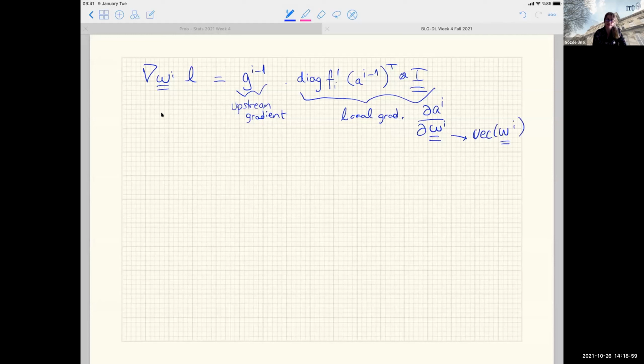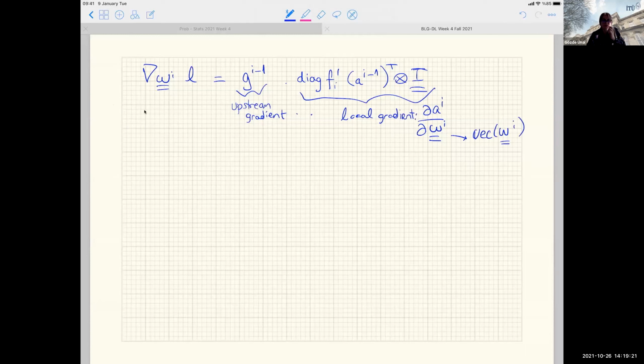That's why things may look a little bit not nice, I admit, but that's how life is. So upstream gradient times the local gradients is what we need.